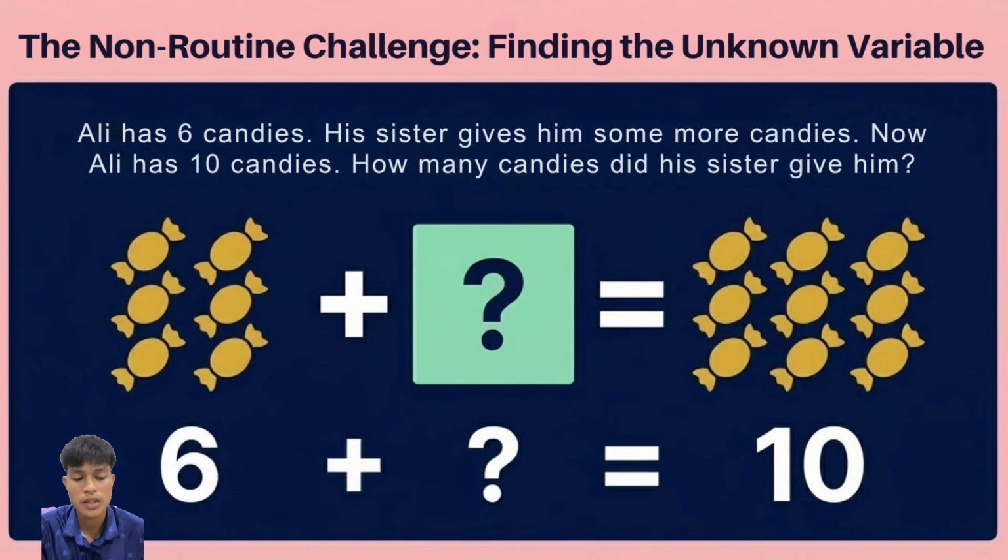It encourages pupils to analyze the situation and find the missing number. The answer is 4 because 6 plus 4 equals 10. Although the answer is simple, the process of finding the answer is more important because it develops pupils' thinking skills.